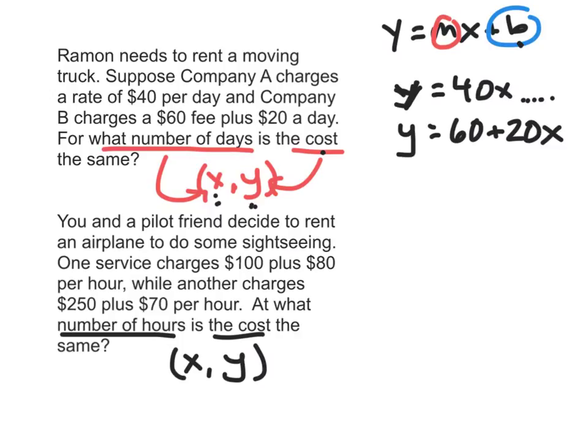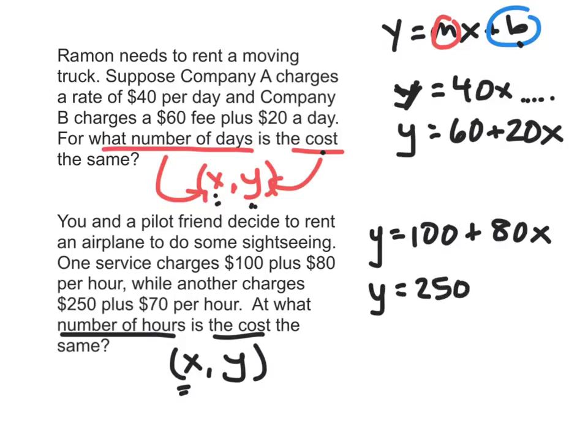Well, the first company, the cost will be $100 plus $80 per hour, x being, again, the number of hours. And the second company, total cost will be $250 plus $70 per hour.